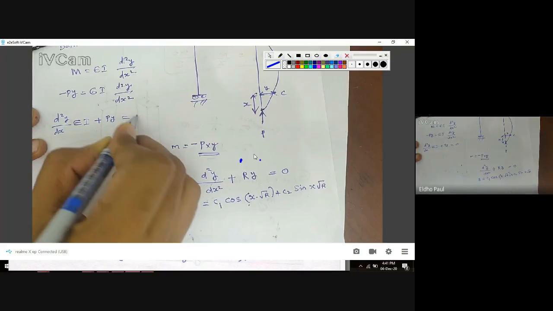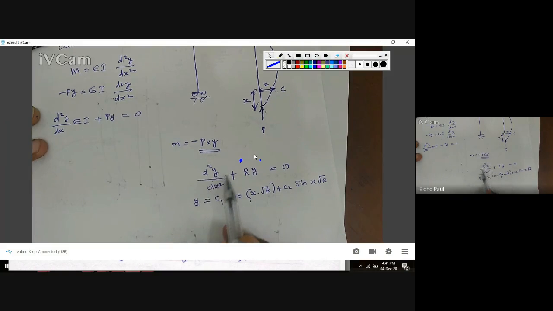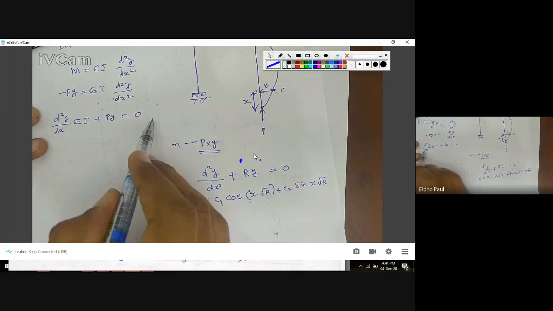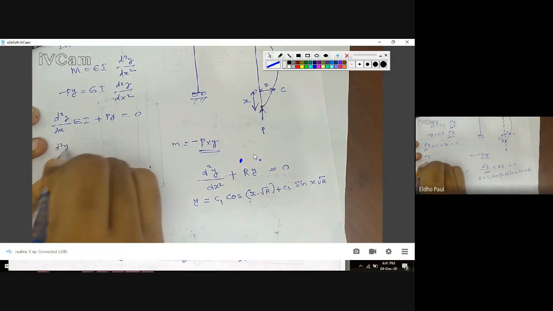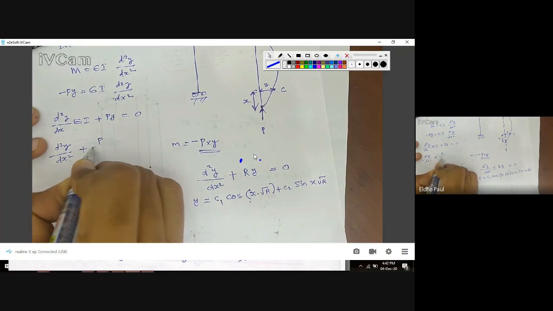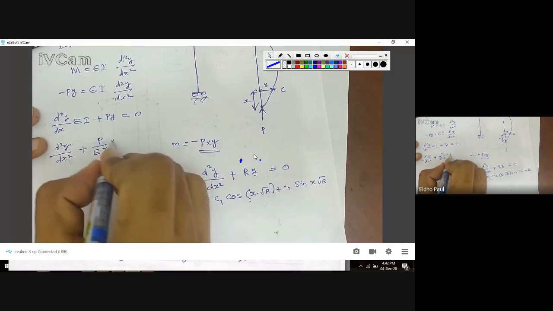But here, with the d square y by dx square there is no coefficient, but here we have EI. So to remove EI, divide the entire equation with EI. So d square y by dx square plus P by EI into y equal to 0.